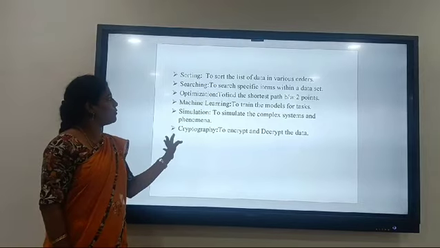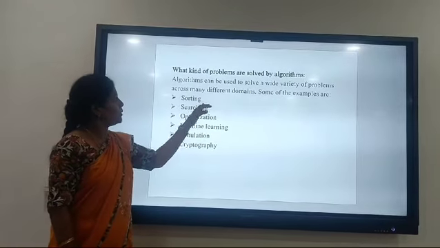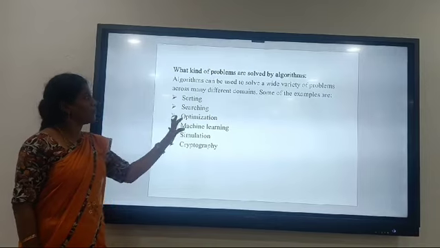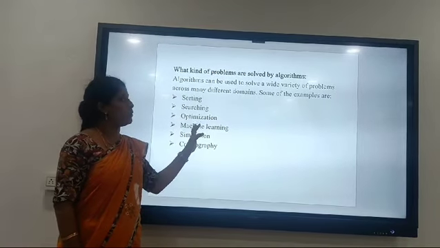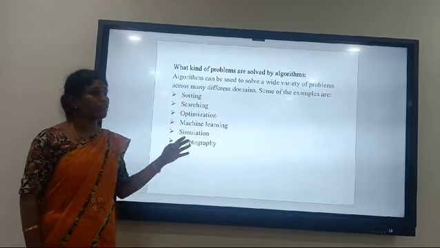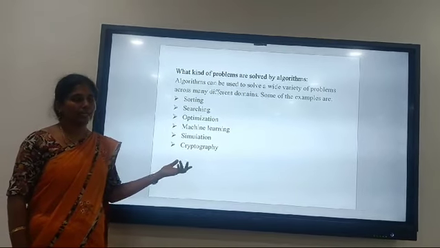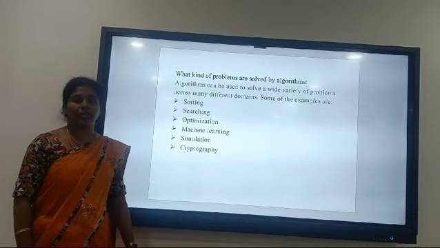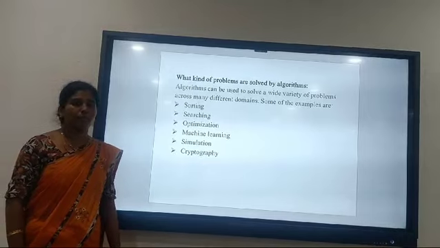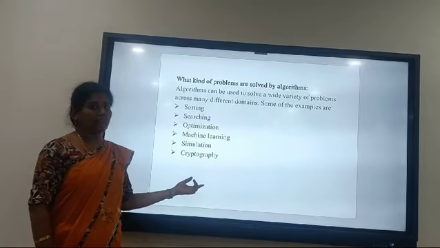These are some of the problems solved by algorithms, not all of them. Different types of problems are there, such as cloud computing, IoT, Internet of Things, and artificial intelligence.